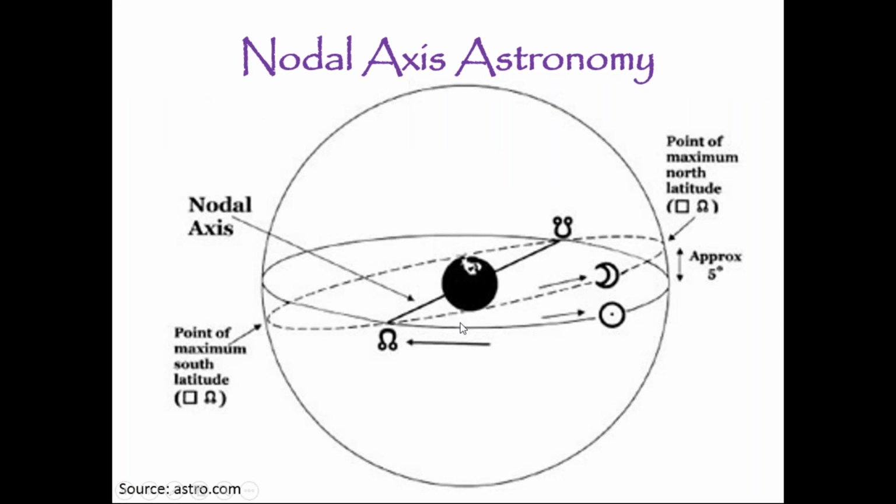Here's that path that the sun appears to be taking around Earth, the ecliptic. Here is the moon's path. Here's the north node where the moon travels above the ecliptic. And then here is the south node where the moon travels below the ecliptic. And again, this is a geocentric or Earth-centered perspective.